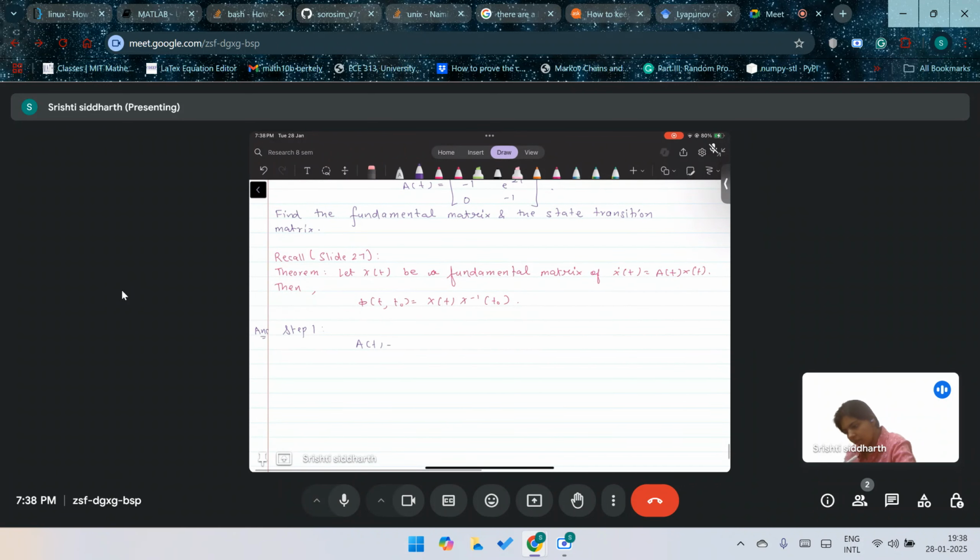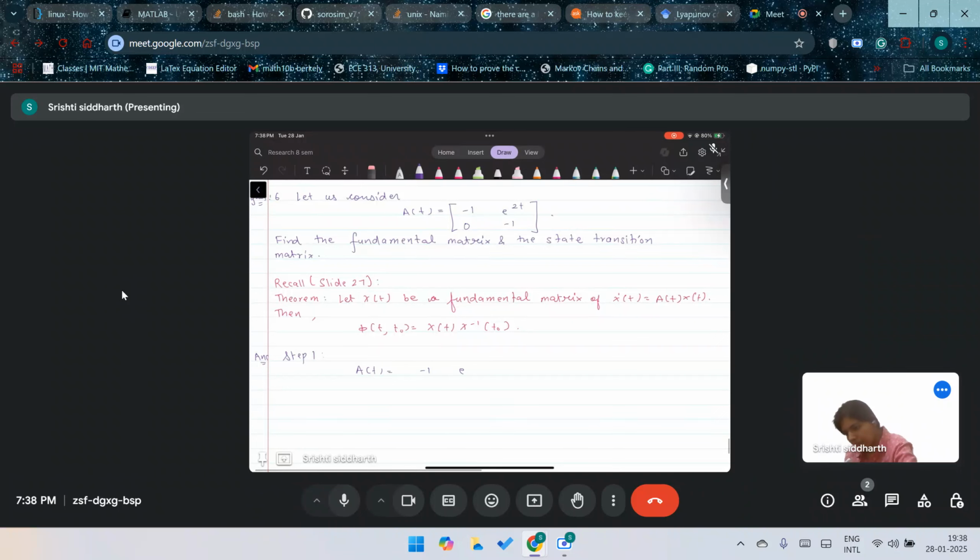So A(t) is minus 1, e to the power 2t, 0 and minus 1. So again we have this nice structure, an upper triangular matrix. So what we can do is find x2 first and then plug it in the equation for x1 dot to find x1.